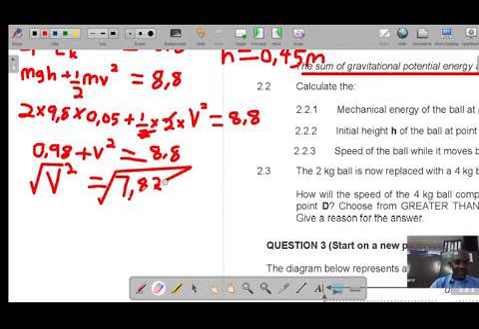What's my answer? Talk to me now. If I get the square root of that, it gives me 2,8 meters per second. Okay, so my speed v is going to be 2,8 meters per second.